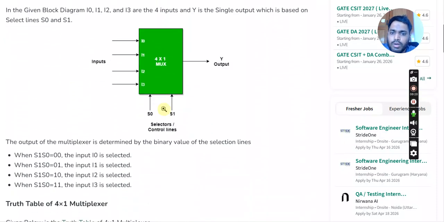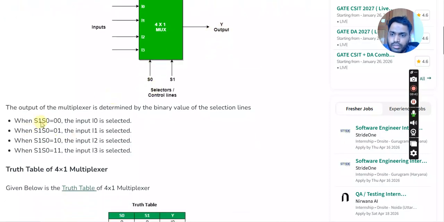Similarly, we have 4:1 multiplexer where we have 4 different inputs: I0, I1, I2, I3. As there are 2 to the power of 2, 4 different inputs, N is 2, so 2 different select lines, S0, S1, and there is one output, Y. When S1, S0 are both 0, then I0 is selected.